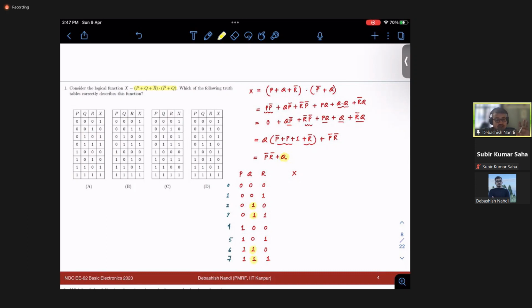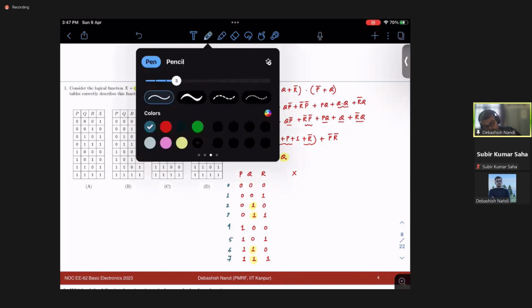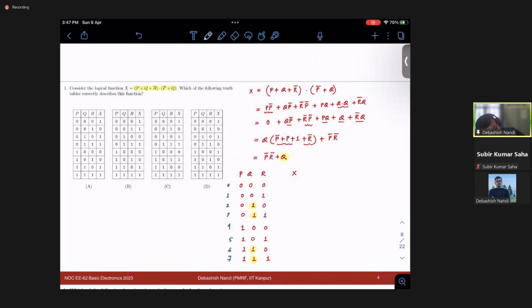Whatever the input P and R is, if your Q is 1, the output is 1, since 1 plus something will remain 1. So you have these combinations. This is 1, this is 1, this is 1, and this is 1.